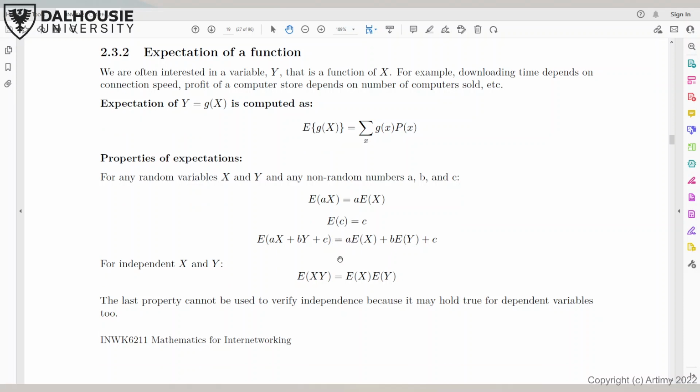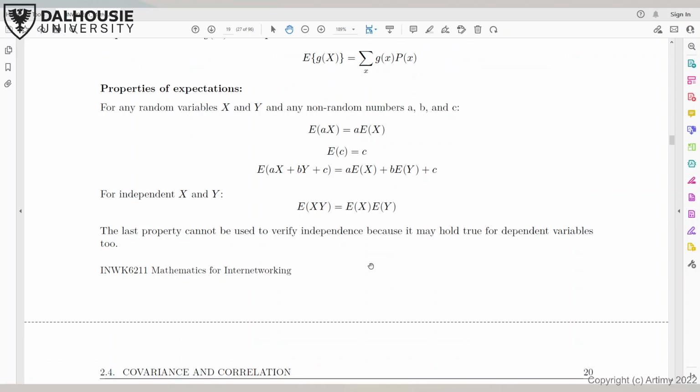a simplification, right? If x and y are two independent variables, the expectation of the multiplication of x and y is the multiplication of the expectations, right? So the expectation of the multiplication is the multiplication of the expectations. Try to repeat that three times. But we cannot use this property to verify independence.